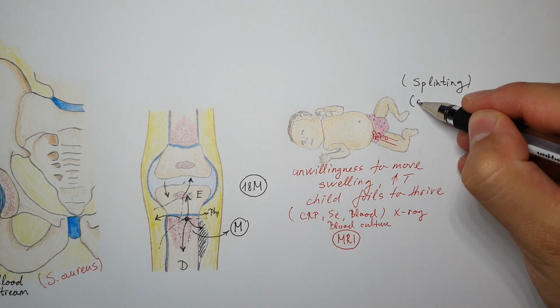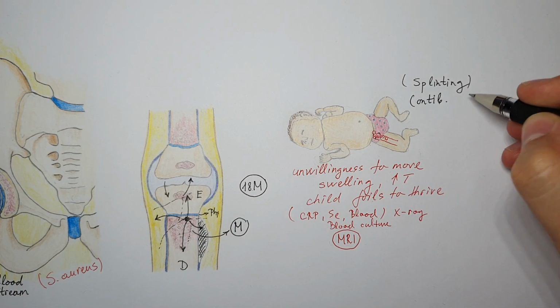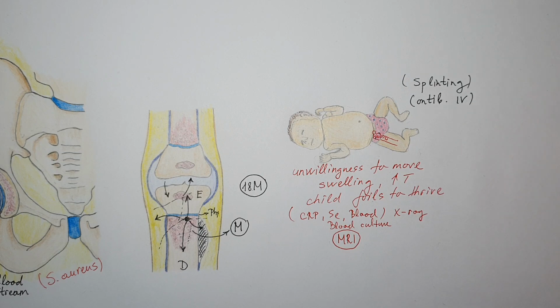Then also antibiotics, mostly in the first days and weeks, are given intravenously, especially if we don't have culture, antibiotics that are good against resistant Staph aureus.